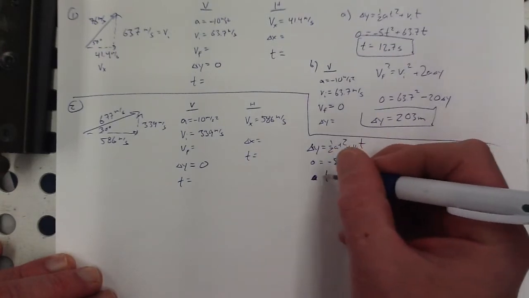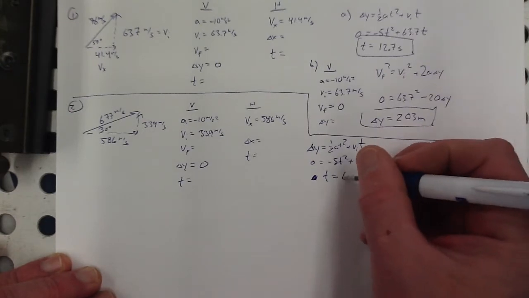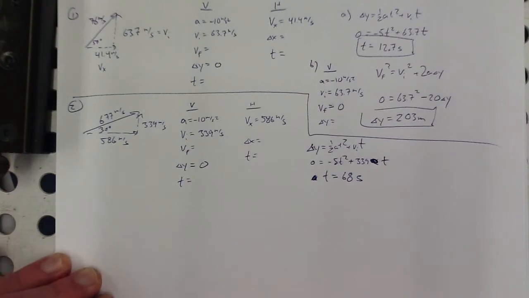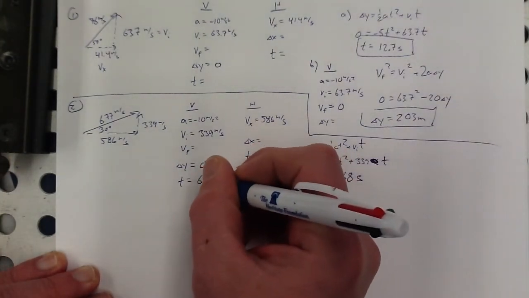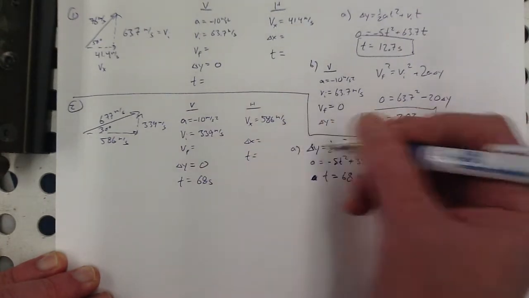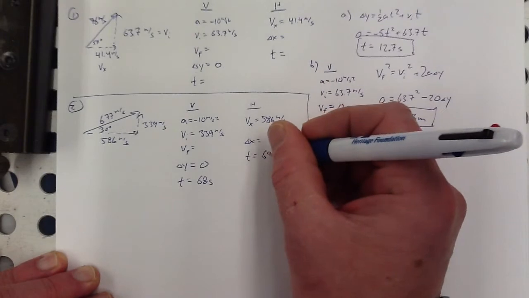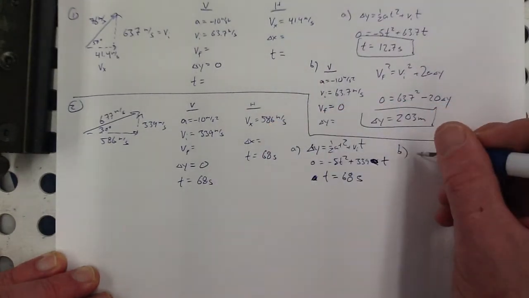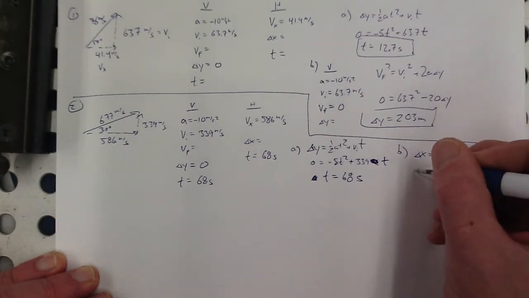So time is going to be 68 seconds. I think that's our answer for part A, right? And then for part B, once I know that, the delta x is equal to Vx times time.